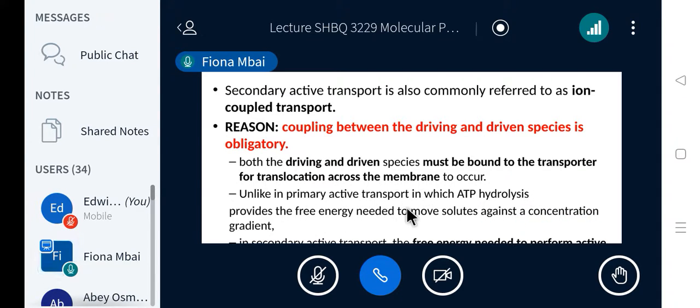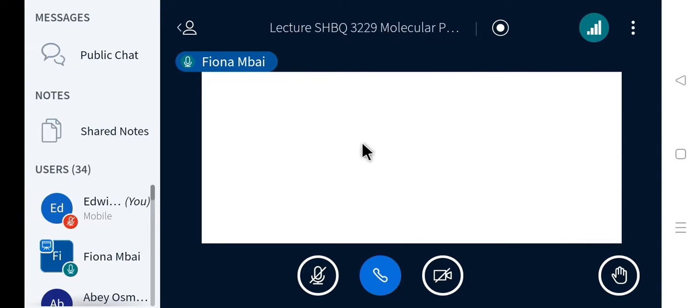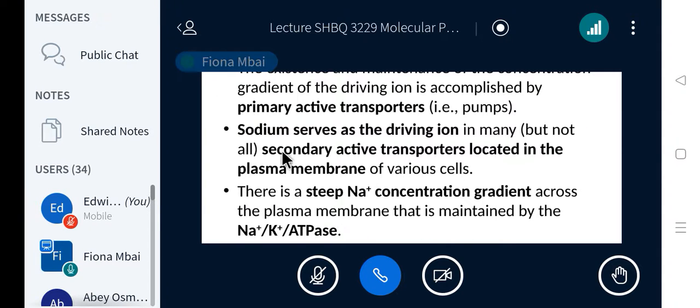In secondary active transport, the free energy needed to perform active transport is provided by the concentration gradient. I think somebody asked me where the free energy is from, and it is the concentration gradient of the driving ion. So I said the ions itself. So this is what provides the energy for movement.